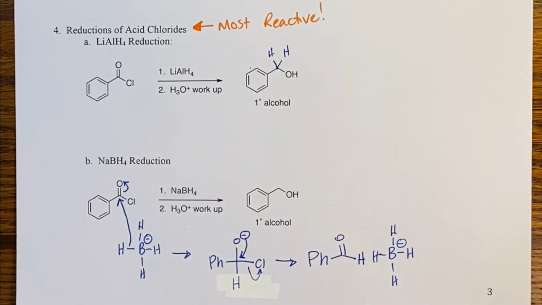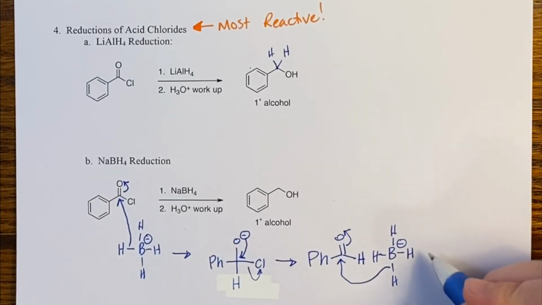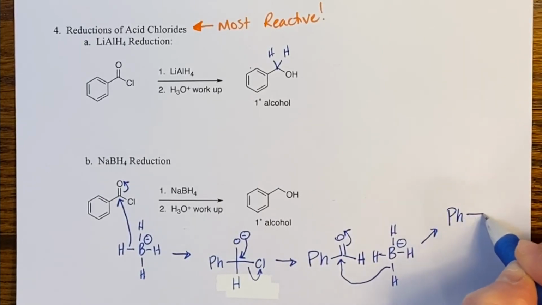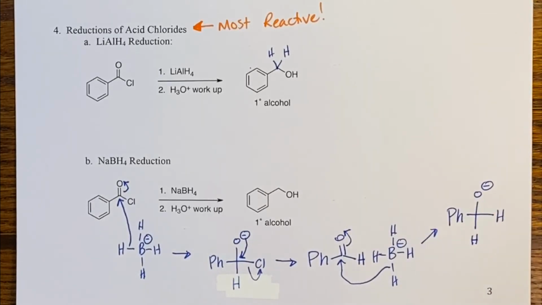A second equivalent of my borohydride ion can send the hydrogen with its electrons to the carbon of that carbonyl, push the electrons up to the oxygen, and that's going to give me a tetrahedral intermediate that looks like this. This tetrahedral intermediate has no groups that it can lose, so this tetrahedral intermediate is stuck.